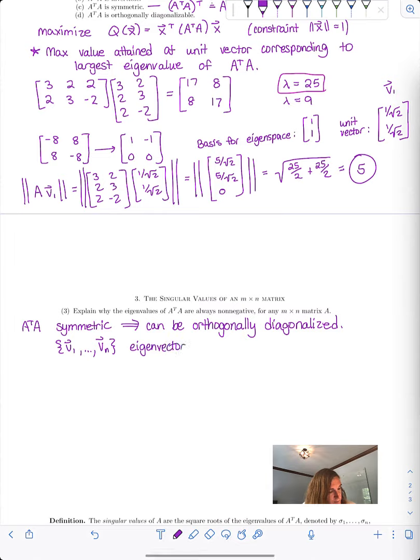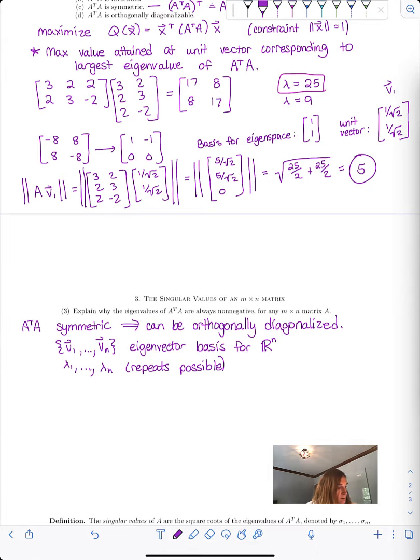We get this through our orthogonal diagonalization process, and we have our corresponding eigenvalues. We're writing the eigenvalue that corresponds to each eigenvector, and so repeats are possible here.